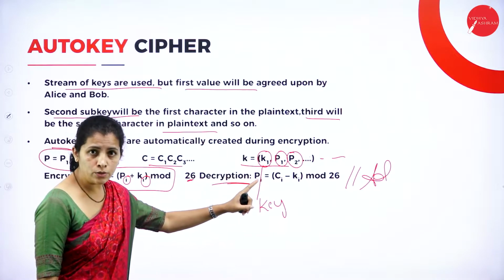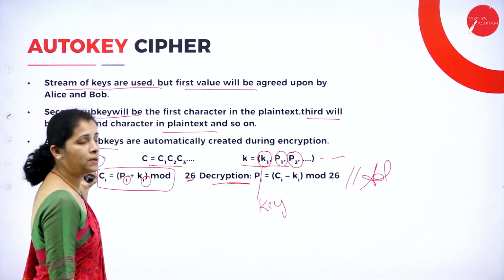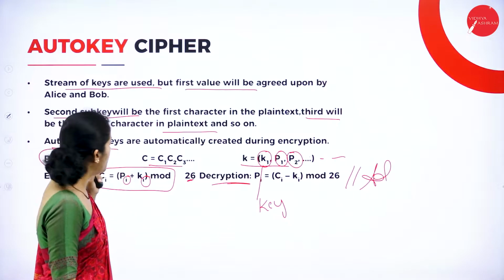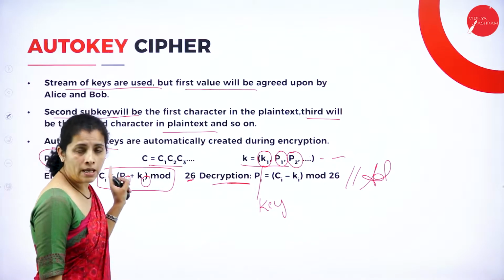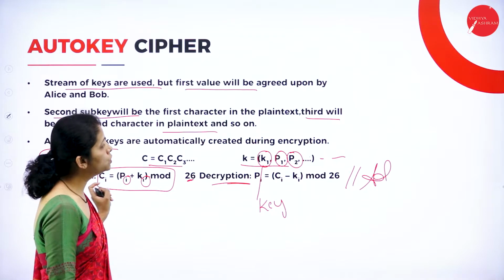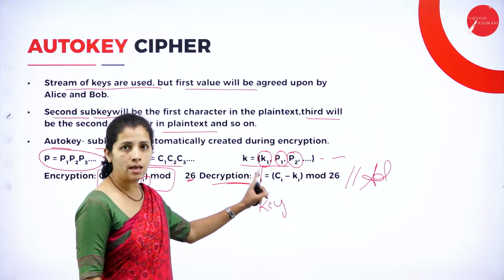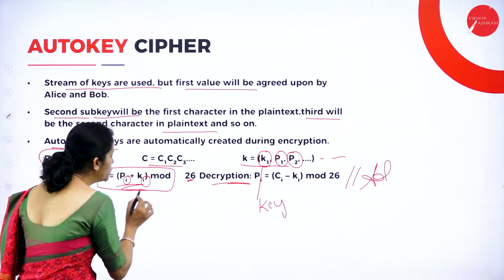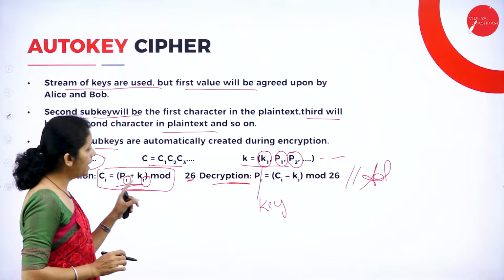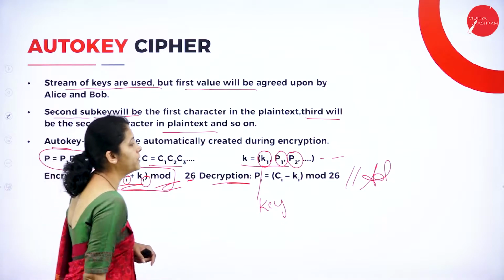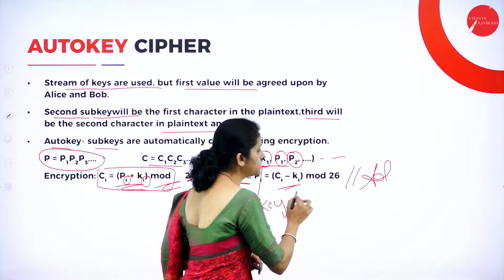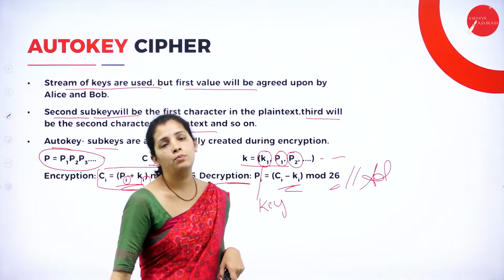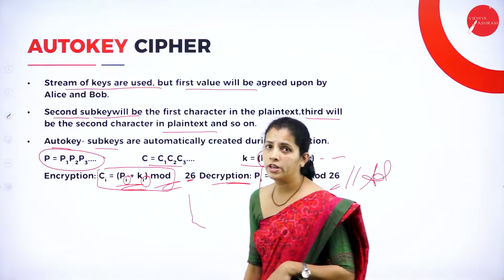So in the additive cipher, to encrypt plain text, I'm going to use plus, that is addition operation. To decrypt, I'm going to use subtraction. Same here also. Here I'm going to perform addition and I'm going to perform modulo operation. Here I'm going to use subtraction. Once again, I'm going to perform modulo operation.